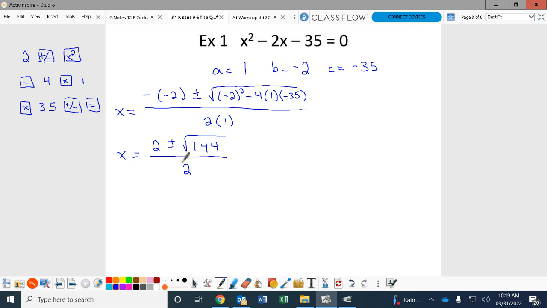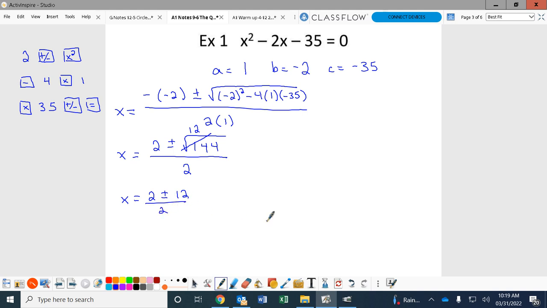Okay, so the next step would be to take the square root of 144. Grab your calculators, hit 144, hit the square root button. What's that give you? 12. Perfect. So we now have x equals 2 plus or minus 12 all over 2.